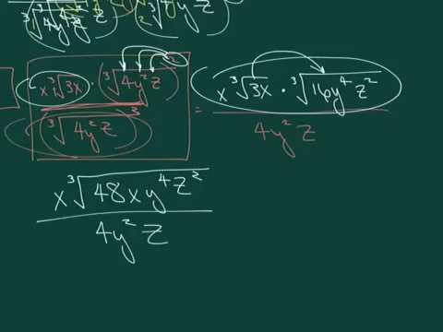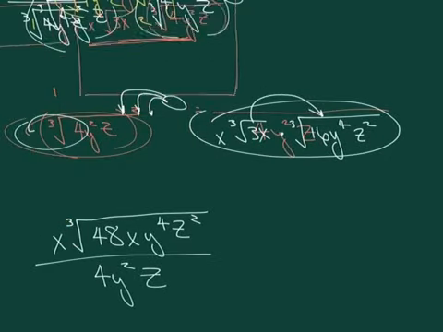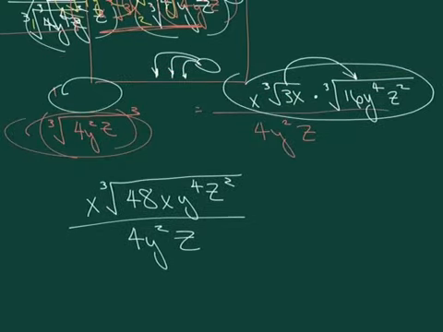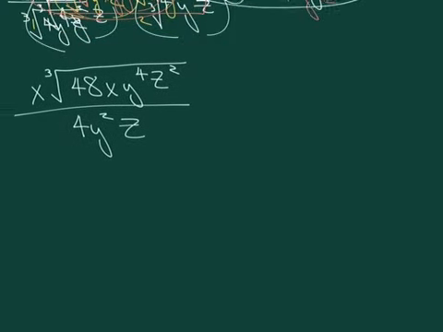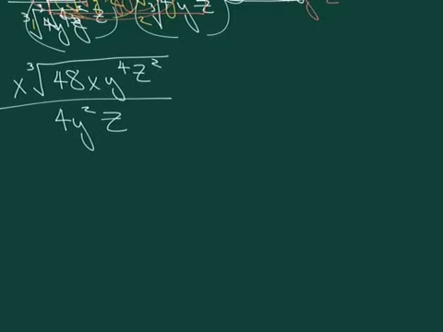Alright, now to simplify this even more, I need to see if this 48 can break down. Okay, so two numbers multiplied together give me 48 that I can also take the cubed root of. So let's move everything up. Okay, so I have some room.